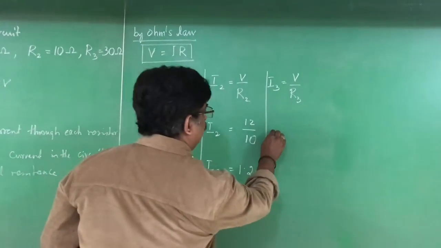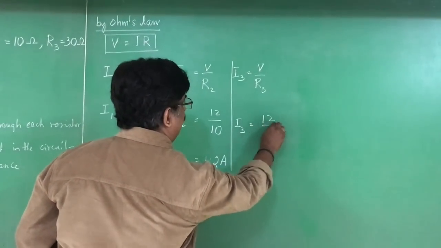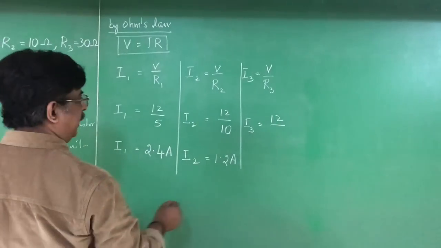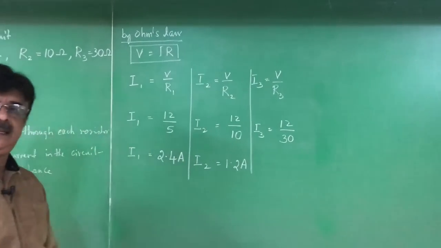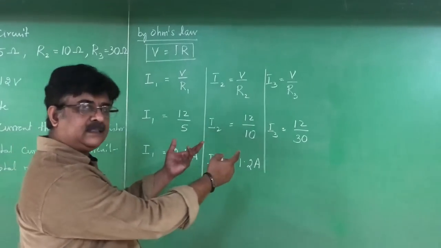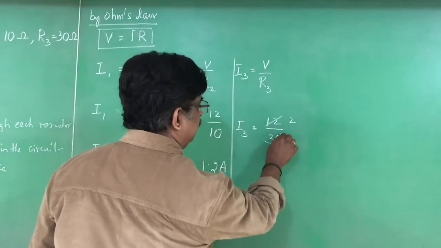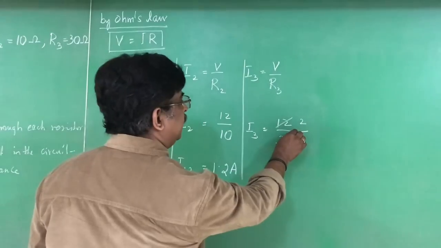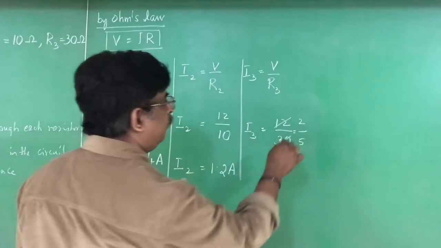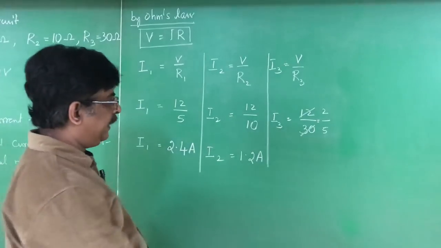Now I find I3. I3 is equal to V, which is constant, that is 12, divided by R3. R3 is given as 30. See, a little simplification we do. 6 2s are 12, 6 5s are 30. It is 2 by 5.